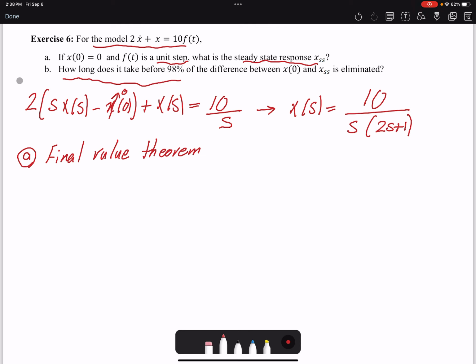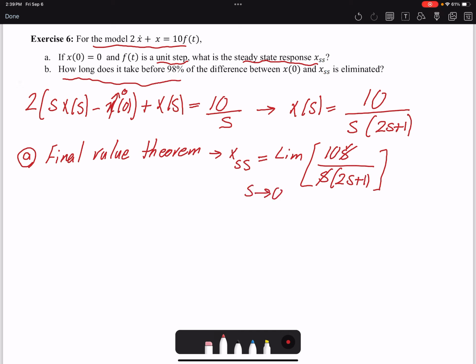But here, if I want to find the steady state, I have 10 over s times (2s plus 1). Remember that this s appears when we use the final value theorem, so I can cross these out. If s goes to 0, the steady state response would be 10.